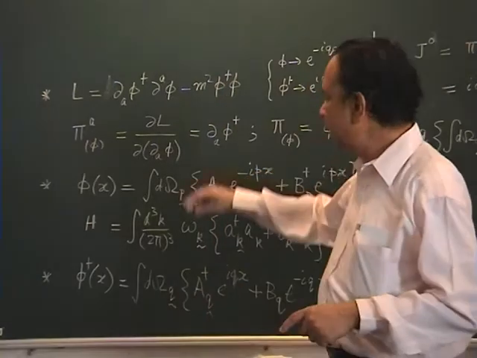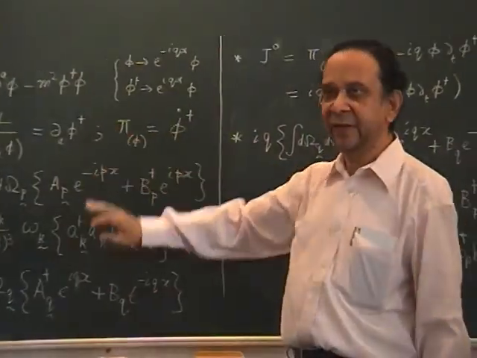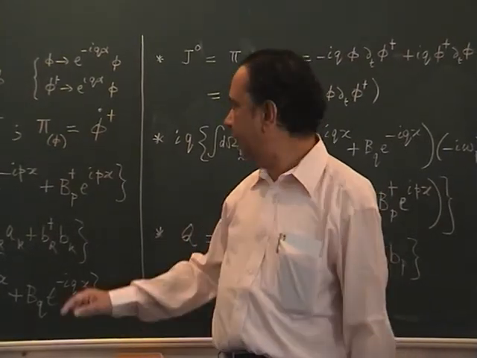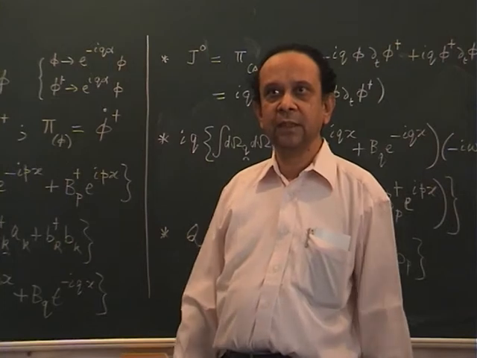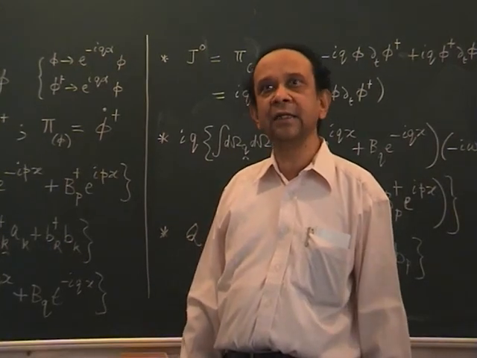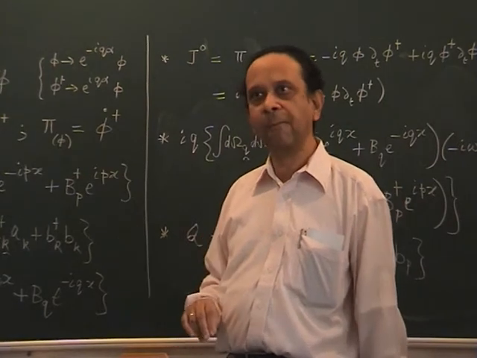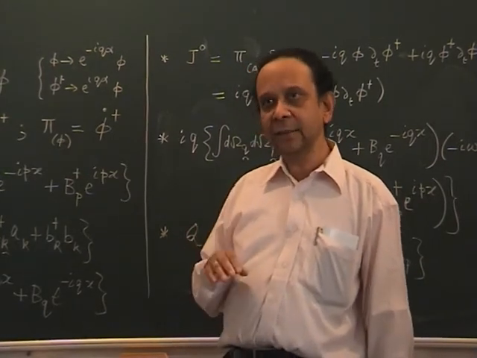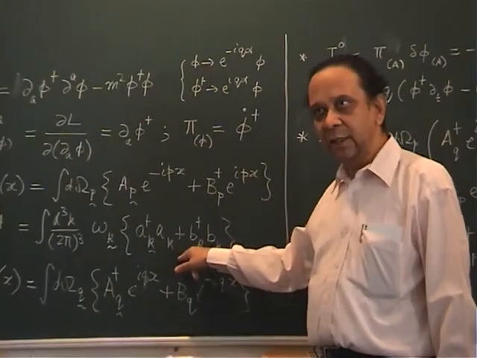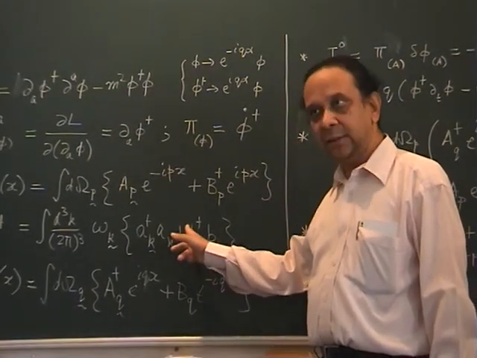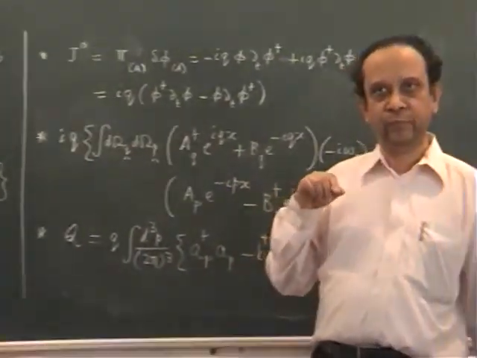You can try to quantize a scalar field with an anti-commutator. You start with this field, and instead of postulating that the phi and pi commutator is equal to i h-cross, suppose you have gone and assumed that the phi and pi anti-commutator is equal to i h-cross. If you do that, what you will find is, interestingly, the Hamiltonian will pick up a minus sign, and the charge will have a plus sign.